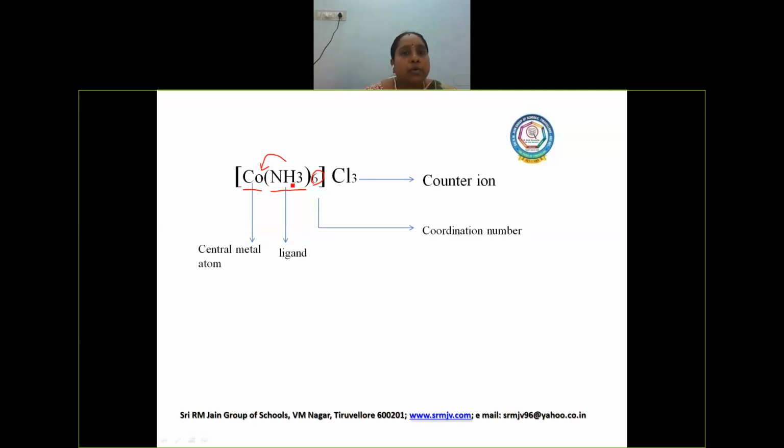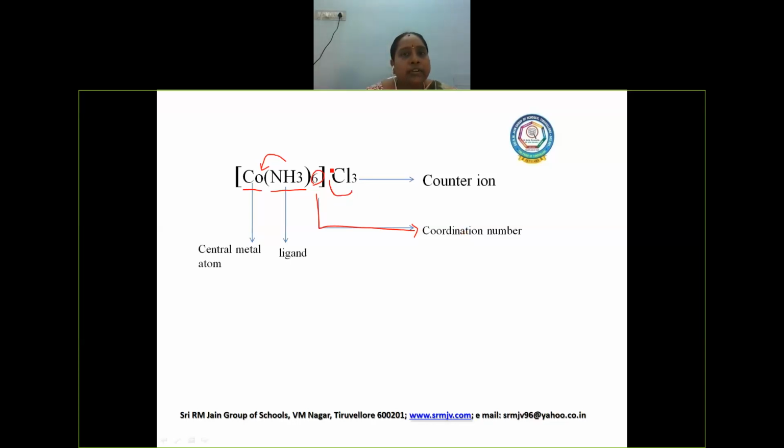So that ammonia is the ligand, and 6 molecules of ammonia as ligands can be called amine, attached to the central metal atom. So this is what the number 6 is, the coordination number, right?